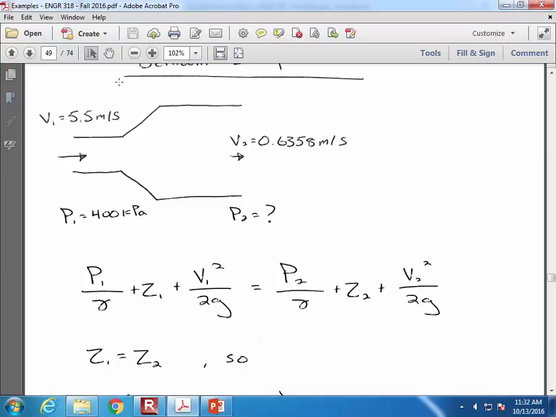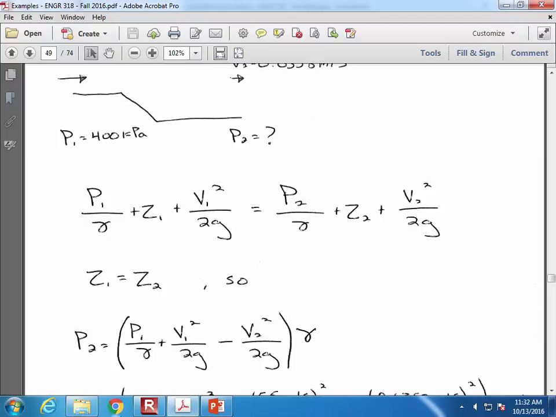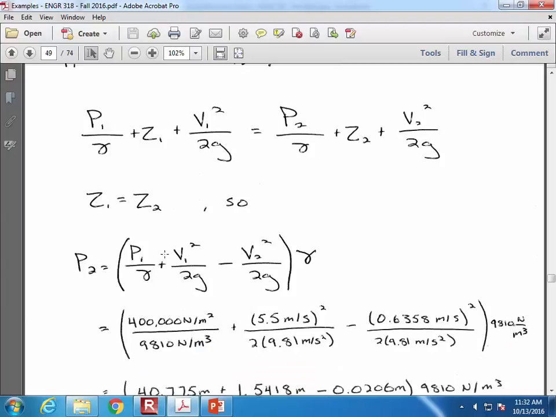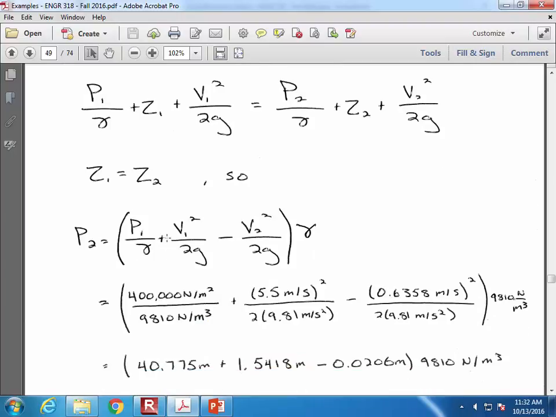It's going to make it so that we can rearrange and solve in terms of P2 by just adding together the pressure head and velocity head at 1, subtracting the velocity head at 2, and then multiplying all of that by the unit weight of the liquid. Okay, so when we substitute in the values, I like to do all these intermediate steps because I want to know where the pressure is coming from.